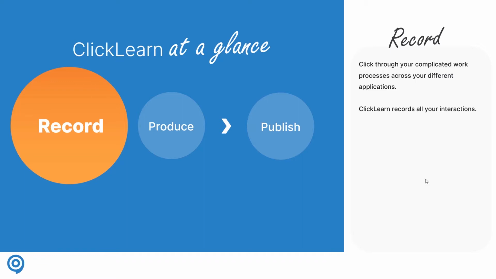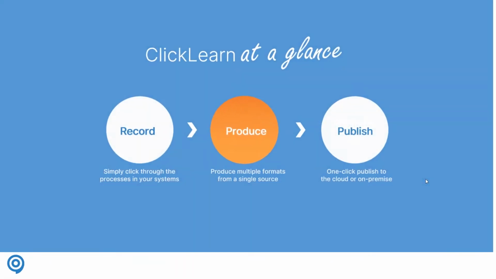When there is a feature or function you want to execute, you simply click through it and ClickLearn captures what you click through. That means you can save 80% of your time in creating learning instructions because you no longer have to edit all your mistakes or errors or what happens on the screen, because we only capture what you click through. So with one recording and one process, you can start producing ClickLearn materials.